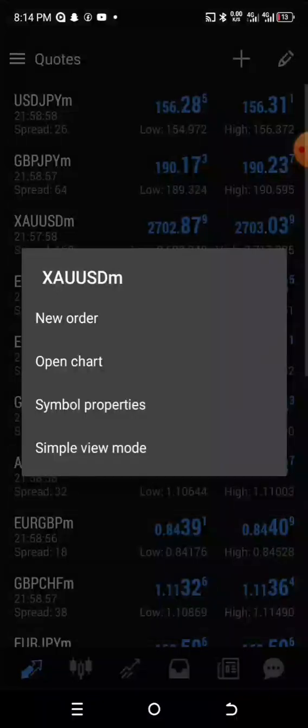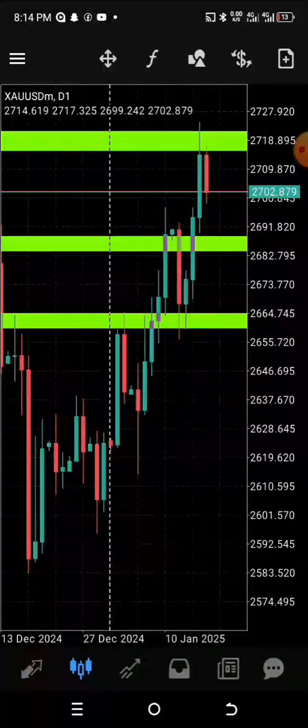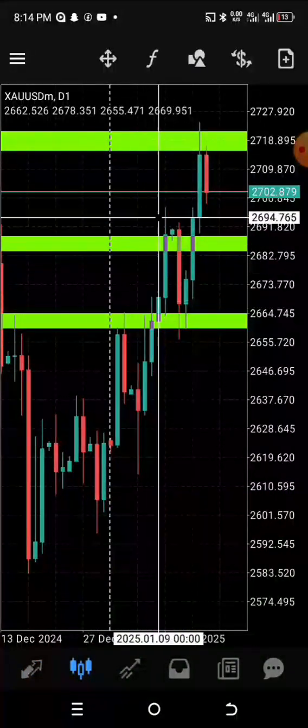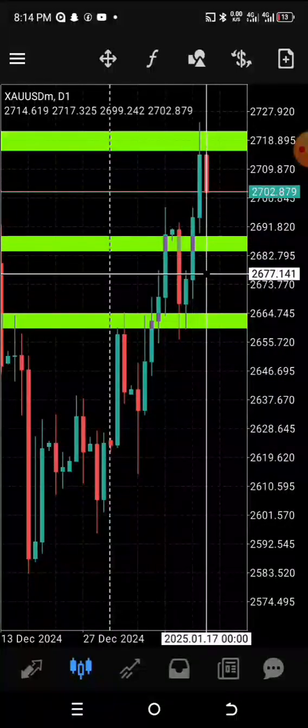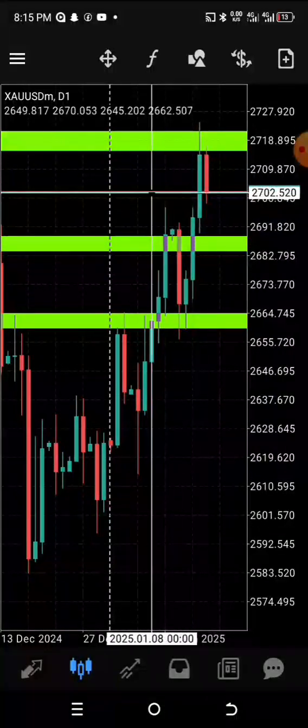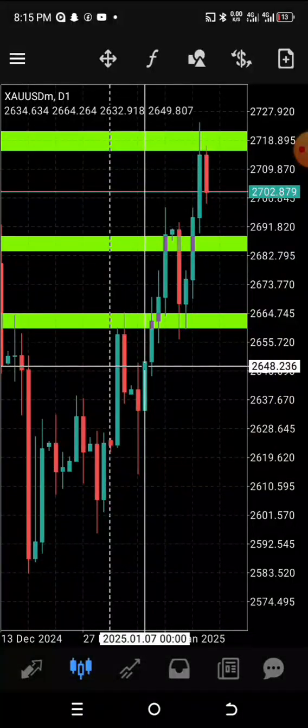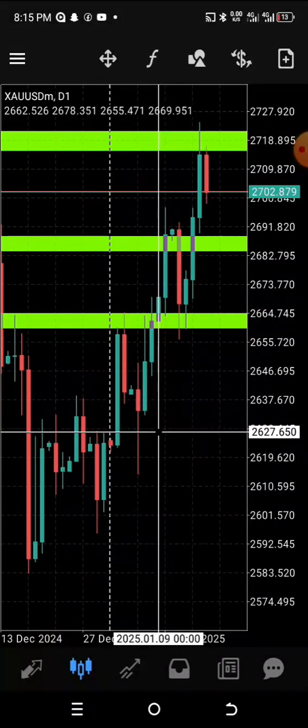Now let's check gold. You can see that gold is in an uptrend, a really beautiful uptrend, in a textbook form. It's moving perfectly well with gold liquidity.